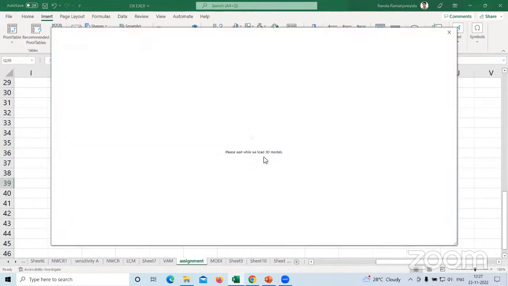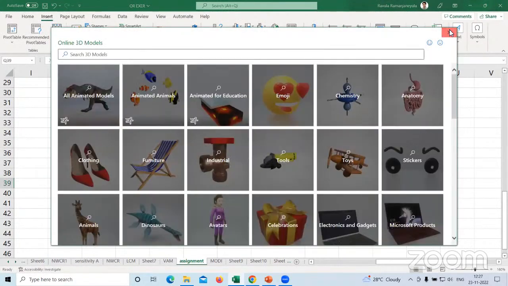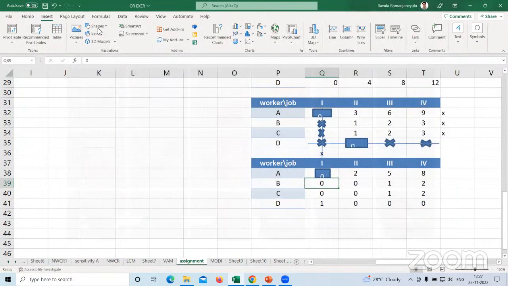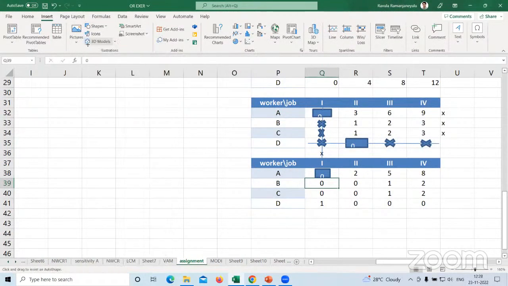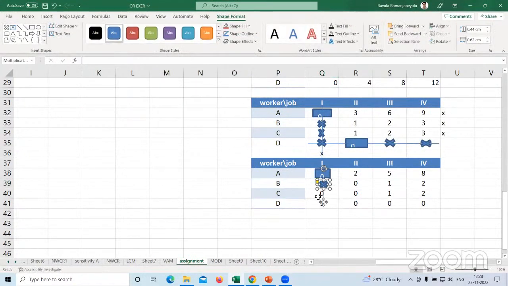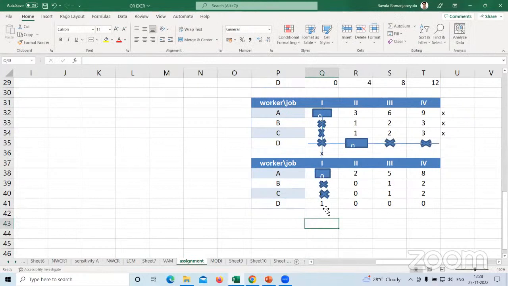So if you cancel this 0, again the next 0 also to be cancelled. And next we have a 1, so we can't cancel it. So row wise we allocated, so column wise we cancel.